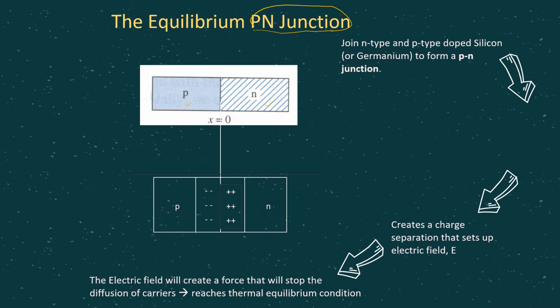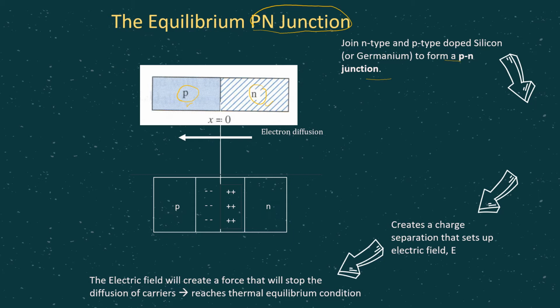So once we have this PN junction, what will happen? First, obviously, we join both N-type and P-type together to form a PN junction. Then what will happen next? Remember, the majority carriers for N-type are electrons, and the majority carriers for P-type are holes. So electrons will tend to diffuse from N-type to P-type, from higher concentration to lower concentration.